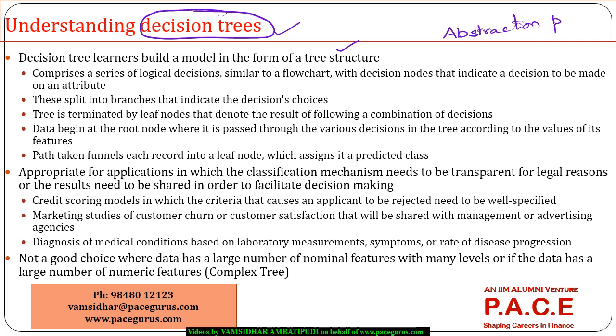When we give data to the algorithm, the way the decision tree algorithm learns from this data is that it creates a tree structure. The tree structure is not statistical here; it is a series of logical decisions: greater than something, less than something, equal to something. They are created similar to a flowchart.